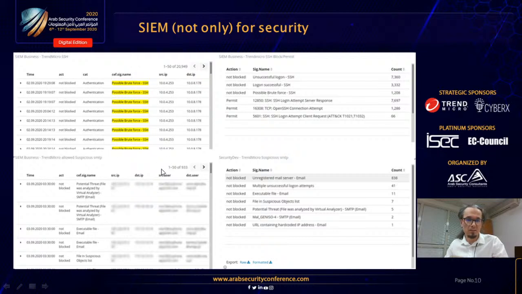Below we have the same thing for SMTP statistics, whether it was blocked or not blocked, what the source IP, the destination, user, and so on are. And on the right side we have the statistical view for SMTP with the action, name, and count of those use cases.